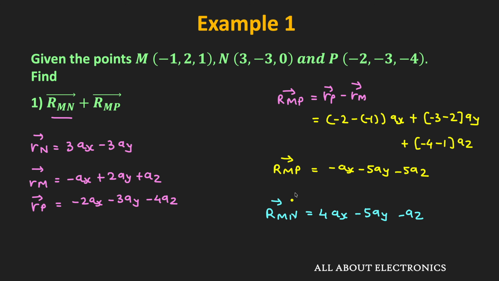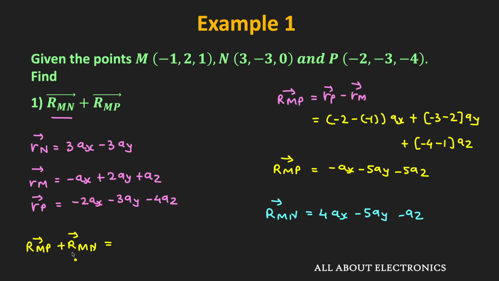As you can see, we have been asked to find the addition of the vectors Rmp and Rmn. Once again we can find that by component-wise addition. That means for these two vectors we will add their x, y and z components respectively.